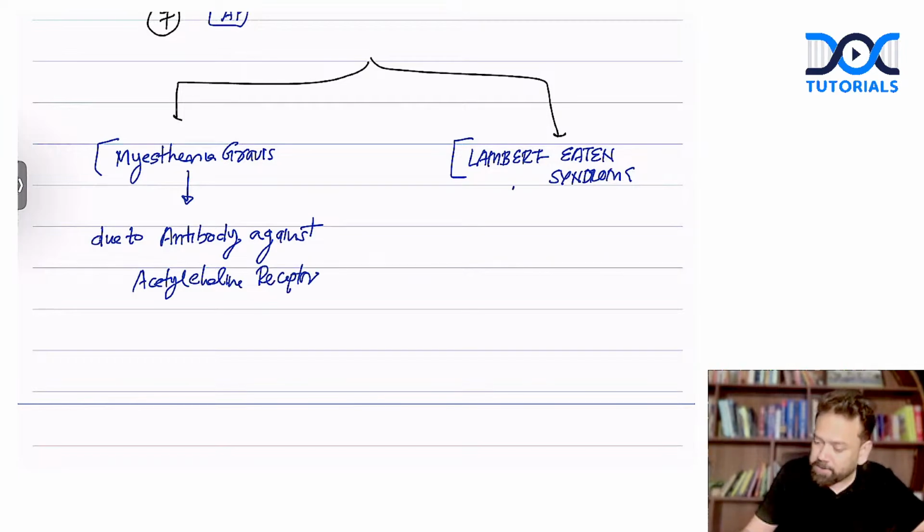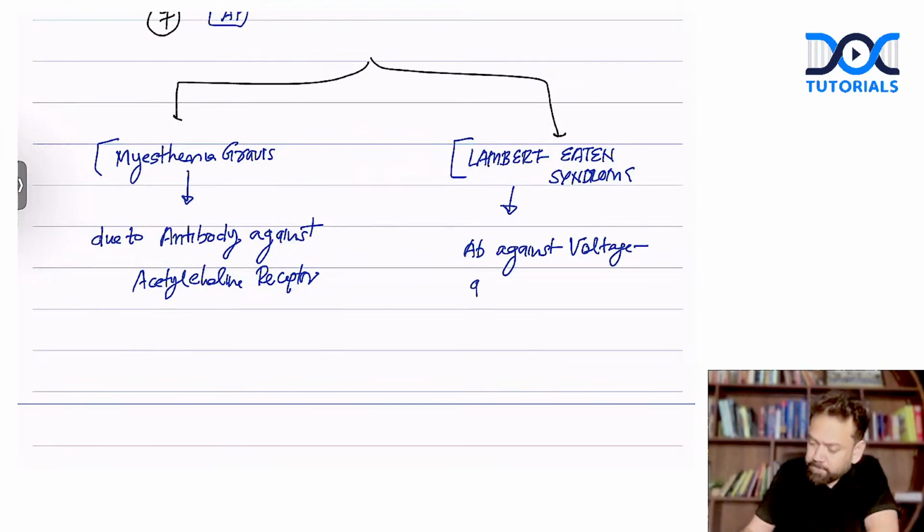And Lambert-Eaton syndrome is due to antibody again, but now these are against voltage gated calcium channel. It's very simple.